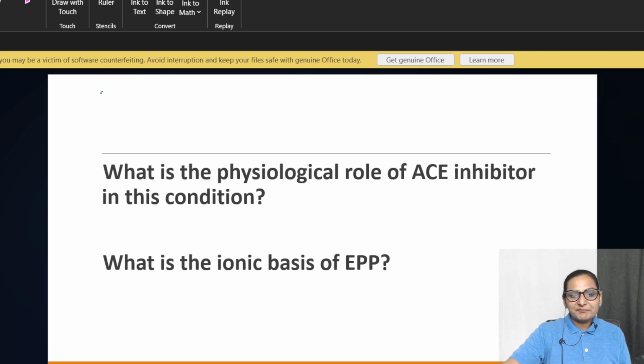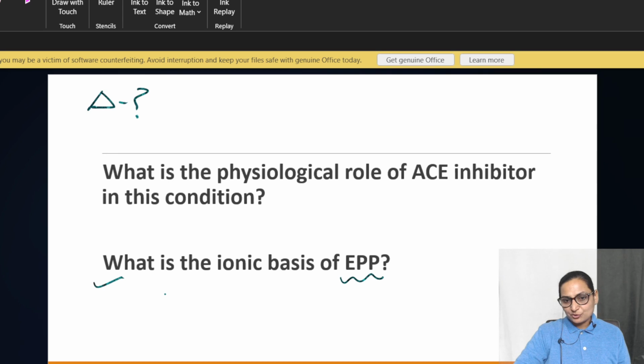For example, I may first ask you what is the diagnosis of the disease. I may ask you what is the ionic basis of the EPP that is developing over here, that is the excitatory or the end plate potential. I may ask you what is the physiological basis of treatment of this condition, or what is the physiological basis of using an ACE inhibitor in this condition. Whether the diagnosis is provided or not depends upon the examiner.